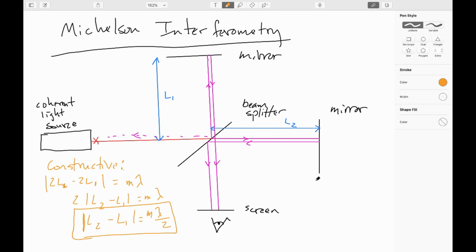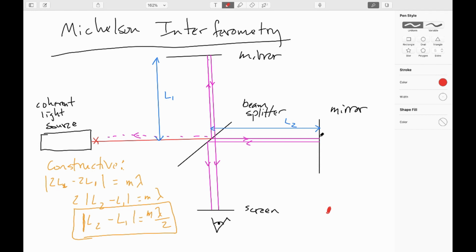The pattern isn't just a single dot either. So let's say you have constructive interference in the middle of the pattern. If you look onto the screen, in that case you would have a bright dot in the middle. However, the light that doesn't hit perfectly on axis is going to be taking slightly longer trips than the light that was perfectly on axis.